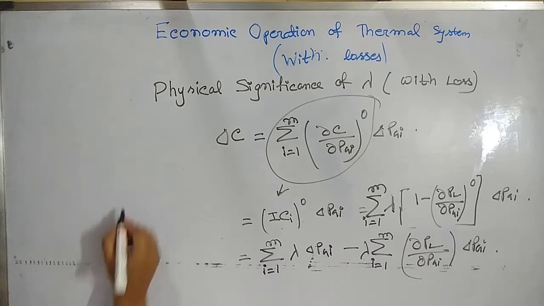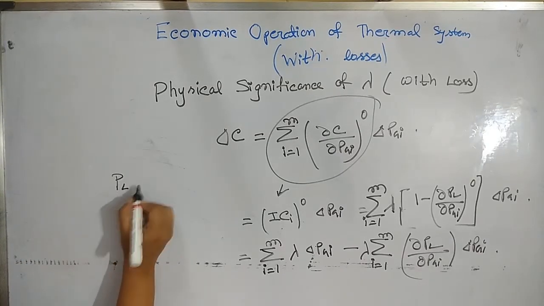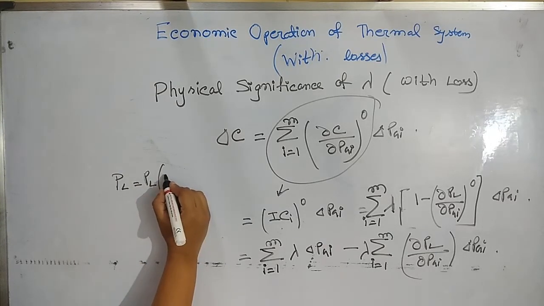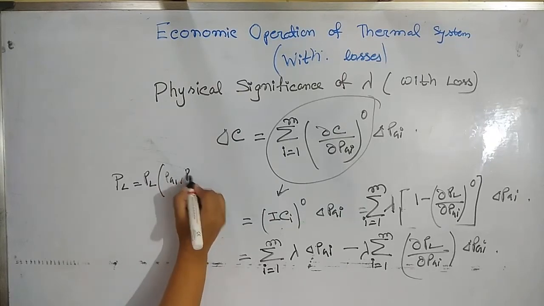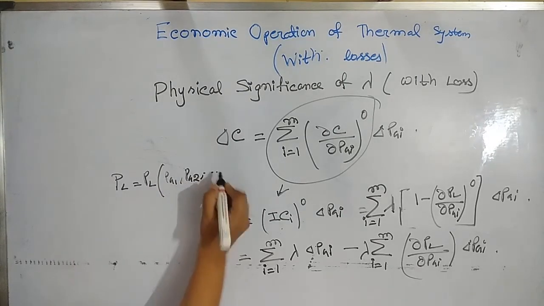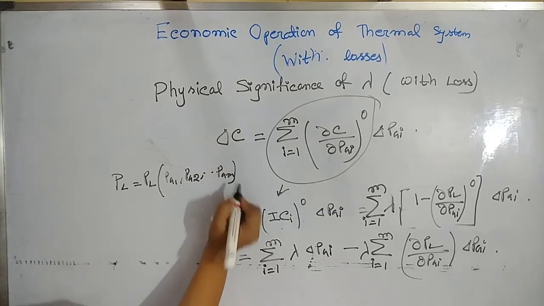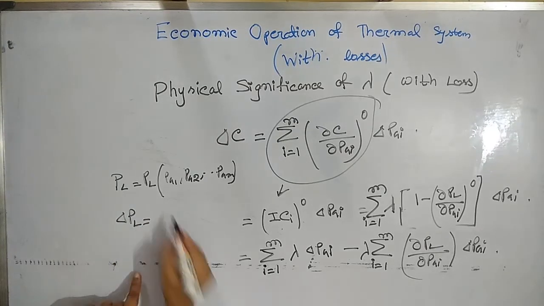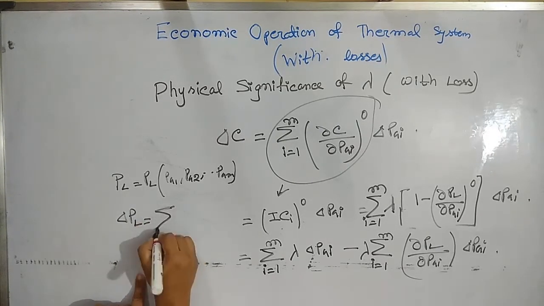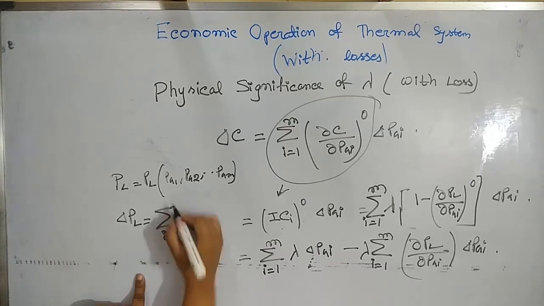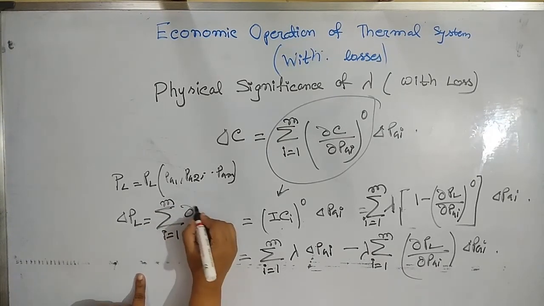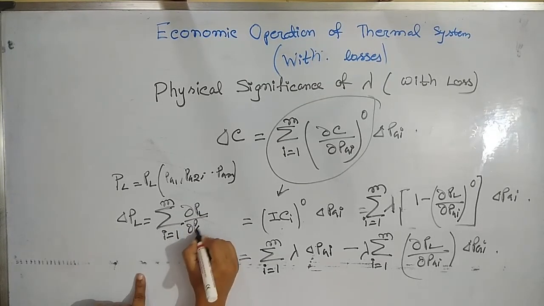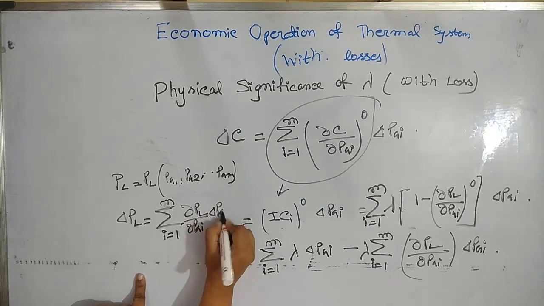Now PL is a function of the generated real output powers, that is Pg1, Pg2 up to Pgm. A small change delta PL we can write as the summation from i equals 1 to M of the partial derivative of PL with respect to PGI into delta PGI.